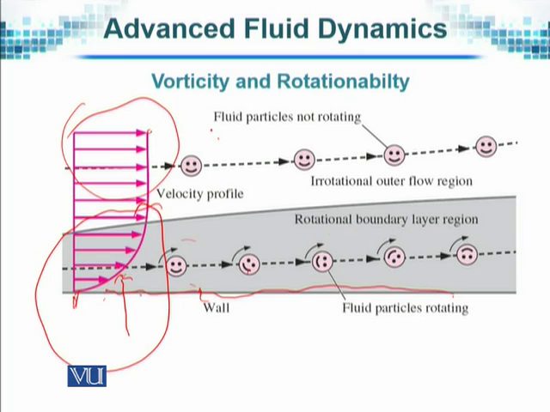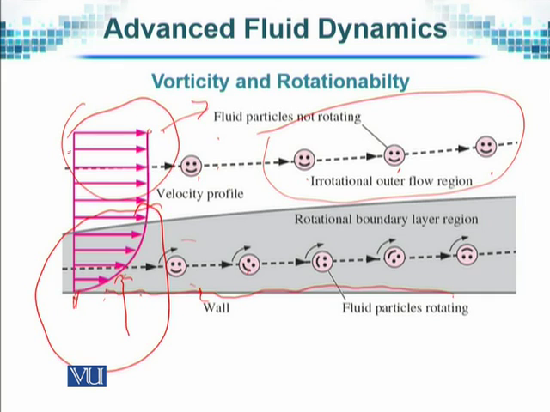But further away, where there is no viscosity, the particles retain their shape. Therefore, this area is almost irrotational, and we call it the outer area away from the solid body.